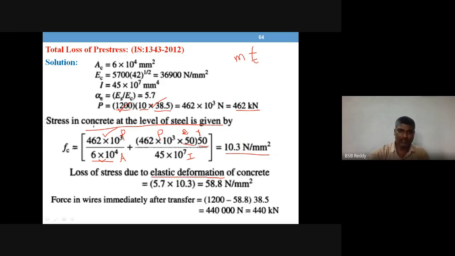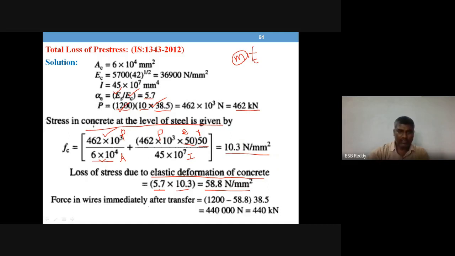Now the loss of pre-stress due to elastic shortening is alpha, that is Young's modulus of steel divided by Young's modulus of concrete, modular ratio. You can even write m or 1 by m. Some notations are there. So alpha is used by the textbook. So alpha into stress value, that is this one, right?